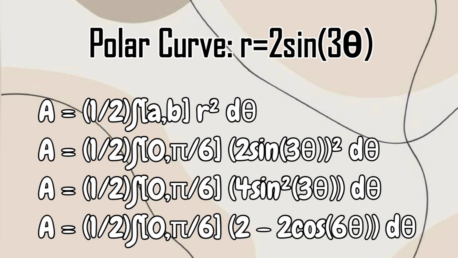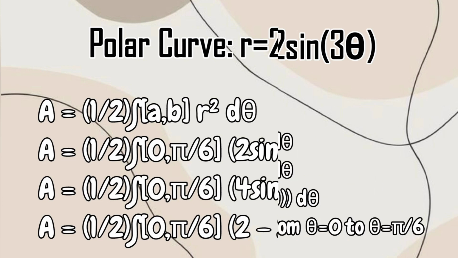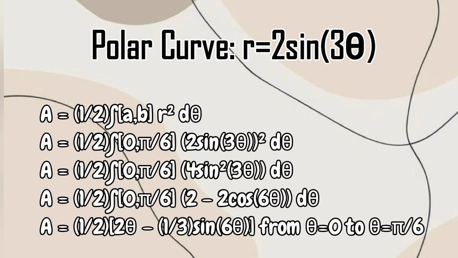And now we'll evaluate the integral. So we have here 1/2 times the quantity 2 theta minus 1/3 sine 6 theta, from the angle 0 to angle pi over 6.